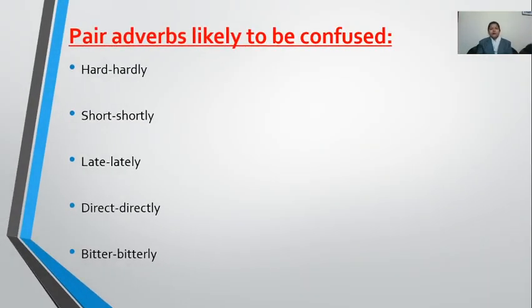Now, here you can see pair adverbs on my screen. Pair adverb means whatever words you are seeing, like hard, hardly, short, shortly, late, lately, direct, directly, bitter, bitterly, they both are adverbs. Hard is used as an adverb and hardly is also used as an adverb.